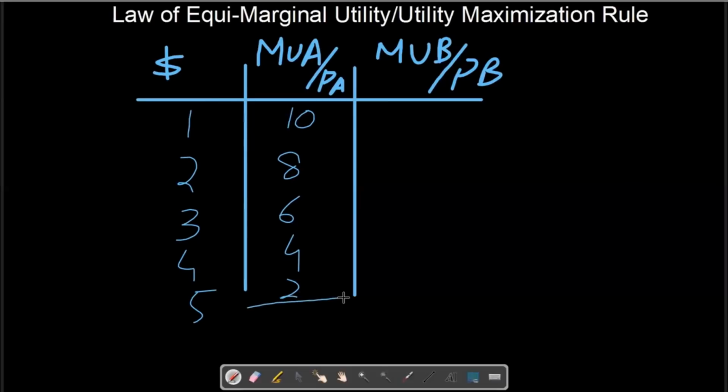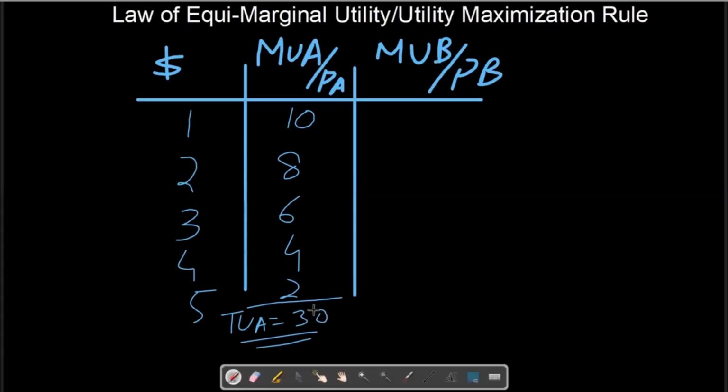In this way we can find out the total utility that the consumer obtains from product A by spending all of his income, that is $5. We add marginal utilities per price: 10 plus 8 plus 6 plus 4 plus 2. It will give us a total of 30 units.